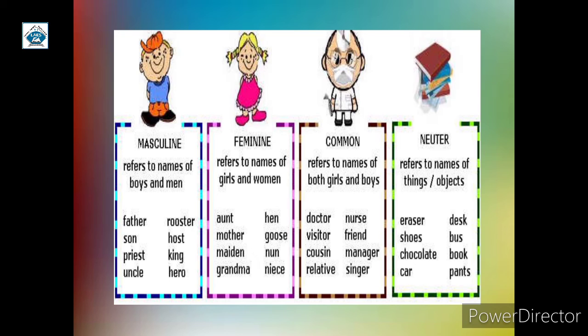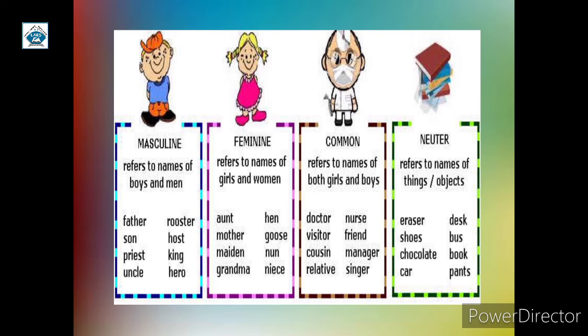But you don't term them as male teachers or female teachers. You just call them teachers. So this is an example of common gender. More examples like doctor, visitor, cousin, relative, nurse, friend, manager, singer, etc.